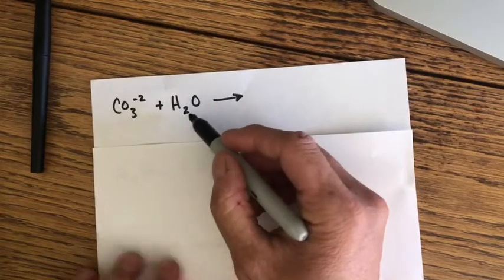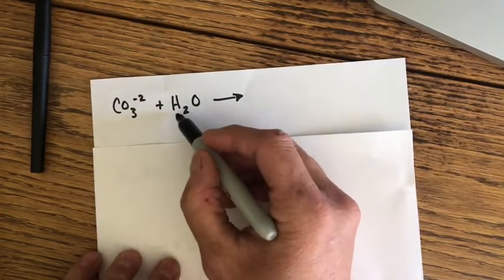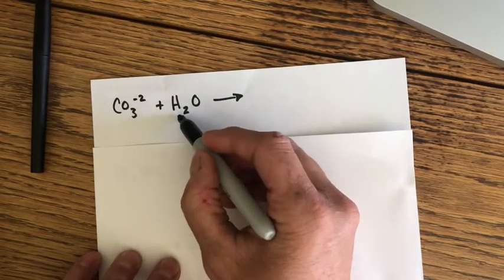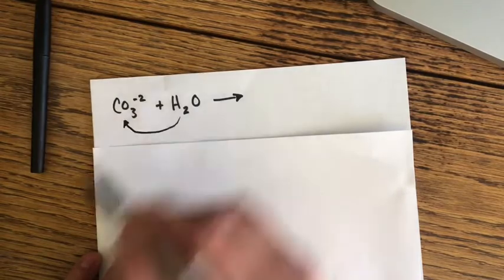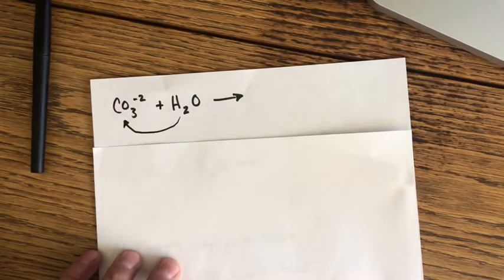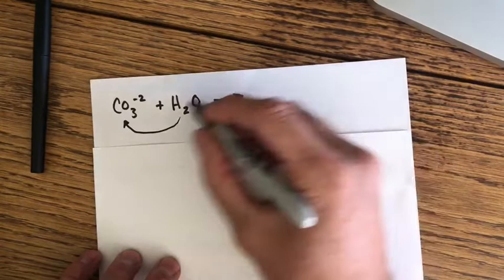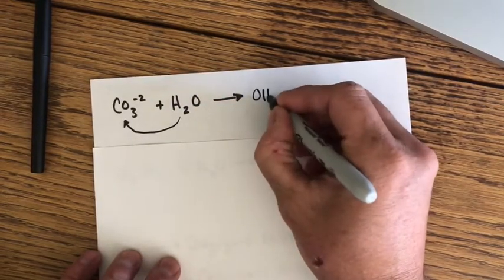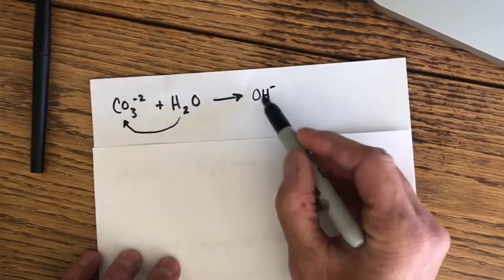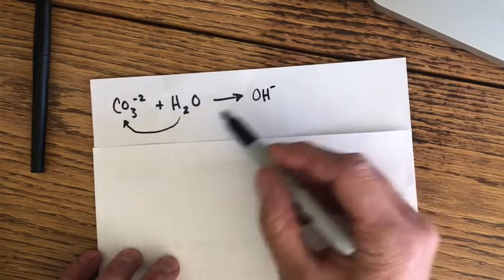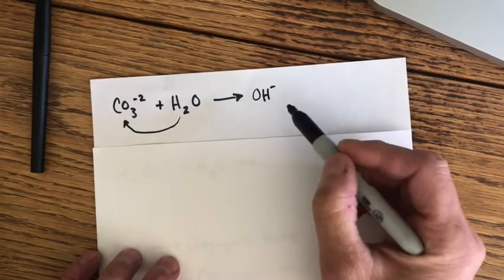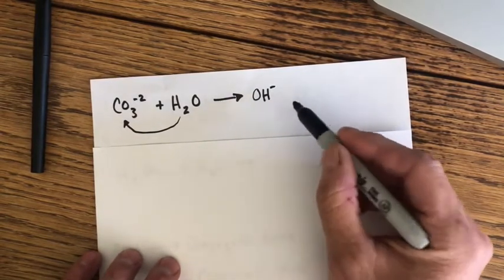Anyway, the only thing that can really happen is that one of these two hydrogen ions is going to come over here and hook onto the carbonate ion, and that is going to result in an OH negative that was formerly the water, right? H2O became OH with a negative oxidation state.